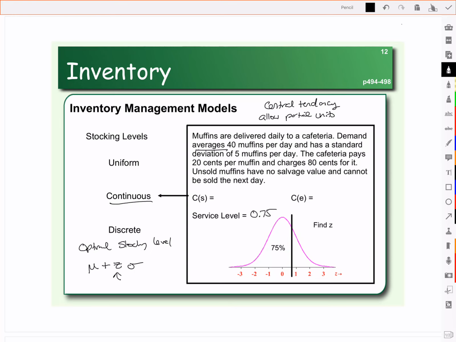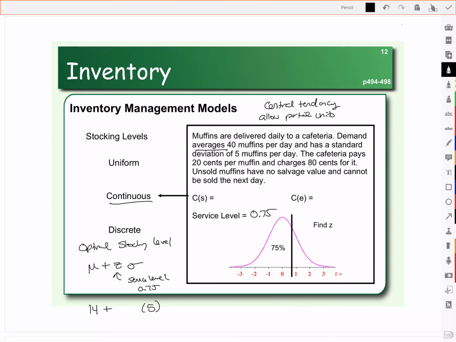So we're going to need to know the z-score that goes with our service level of 0.75. Now in this example, demand averages 40 muffins a day, so our average, or mu, is 40. Our sigma, our standard deviation, is 5 muffins a day.